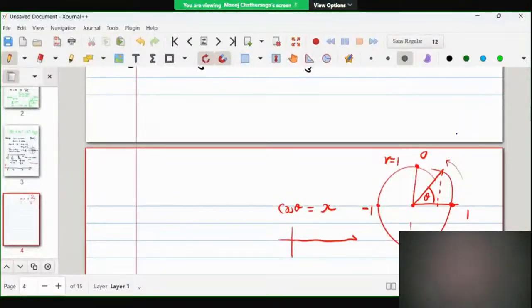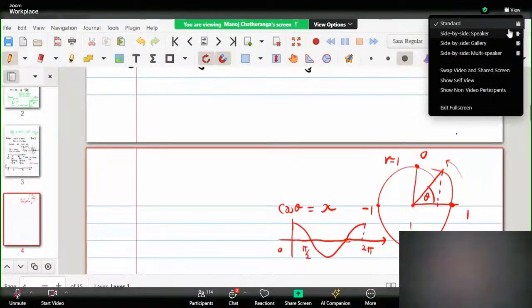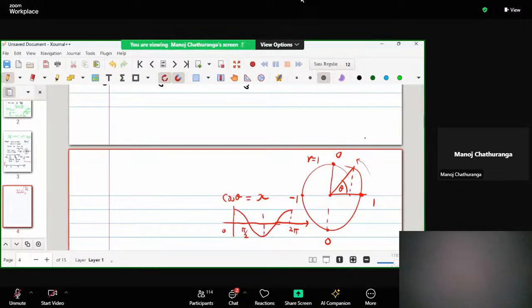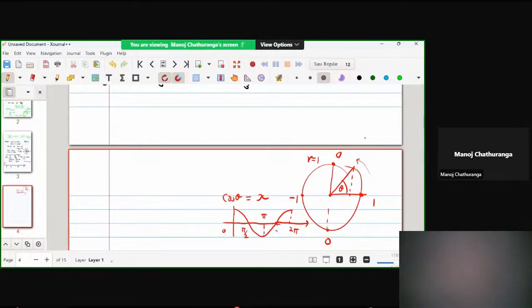So the graph of cosine theta looks something like this. That's how the graph of cosine theta looks like.